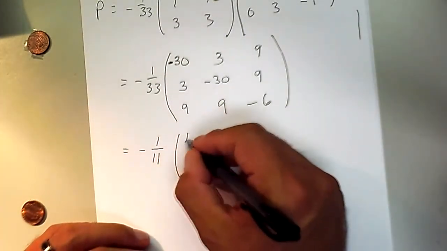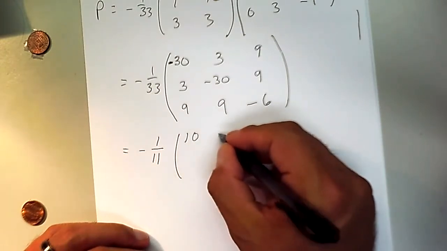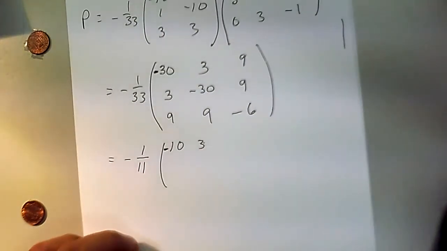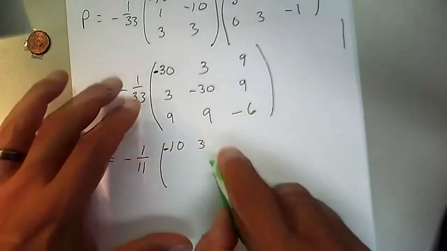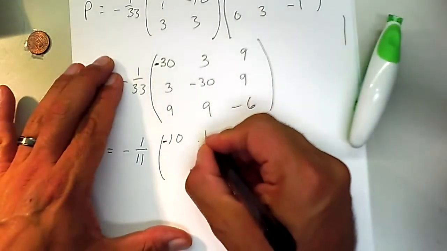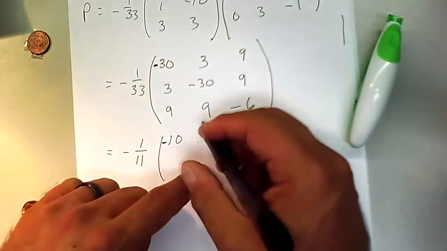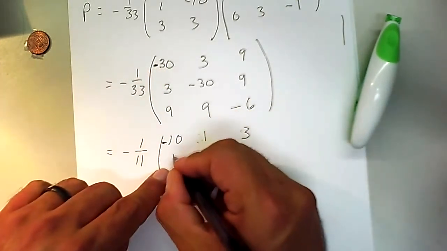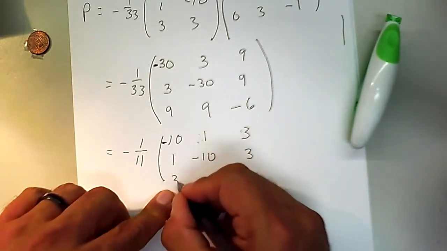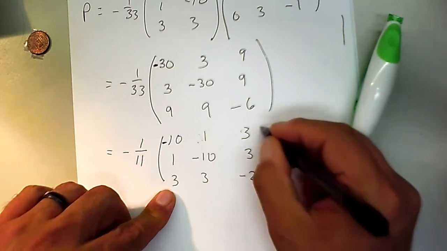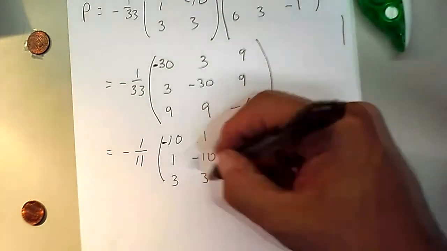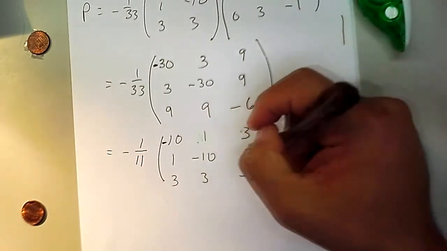And we multiply with -10, 3, 1, because we are dividing by 3, 3, 1, -10, 3, 3, 3, -2. Isn't that neat? That is our P, our projection matrix.